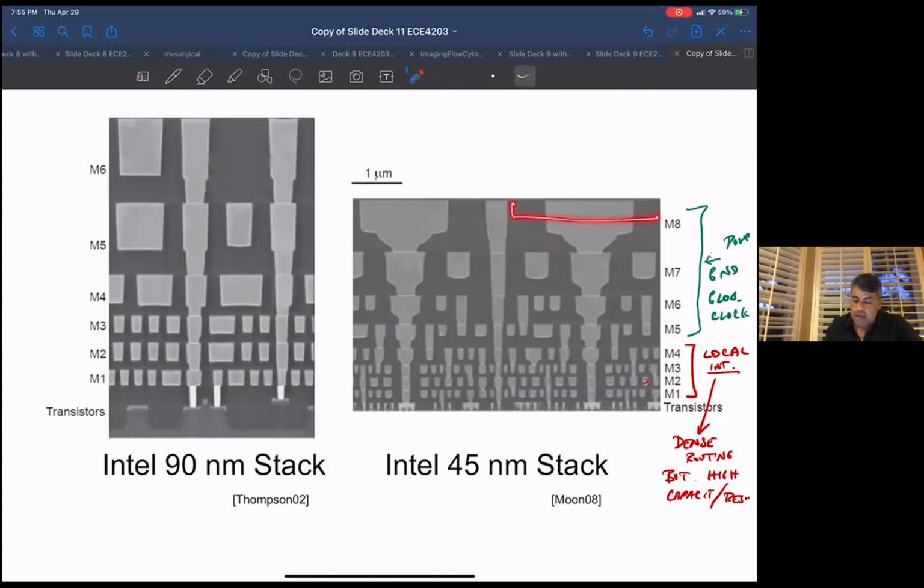So you don't get a lot of routing out of metal 8, but it's extremely thick, and extremely far from the substrate, so it has lower resistance, lower capacitance. That's just a general rule. These are power, ground, reference voltages if you have them, and global signals. And these tend to be local signals.